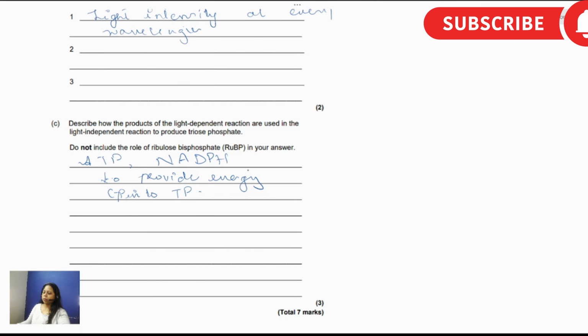And what is the role of NADPH or the reduced NADP? Yes, exactly, exactly. It's the same function. I'm just asking, okay.